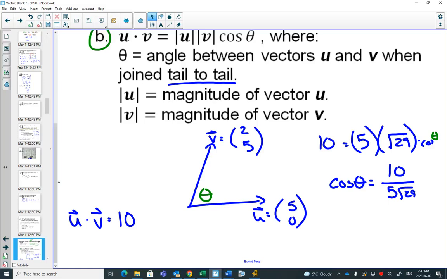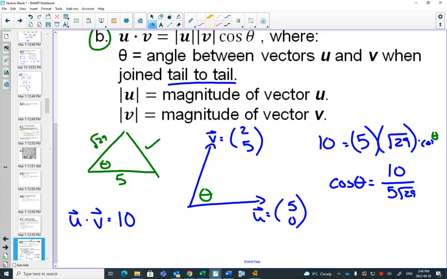How would we have to do this in regular geometry? You would basically say you have a triangle, and you want to find this angle. I know this length is 5. I know this length is root 29, and because I have these points, I could do a squared plus b squared equals c squared with a different triangle, and I could find that.